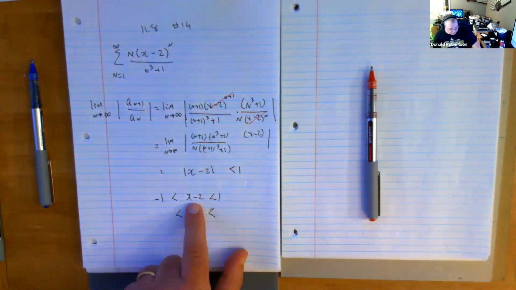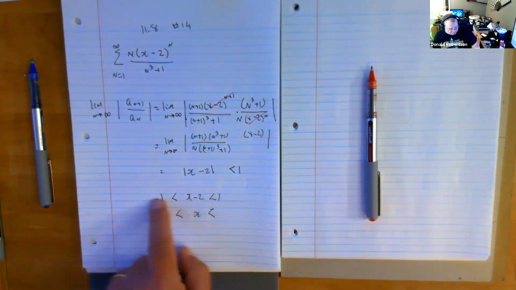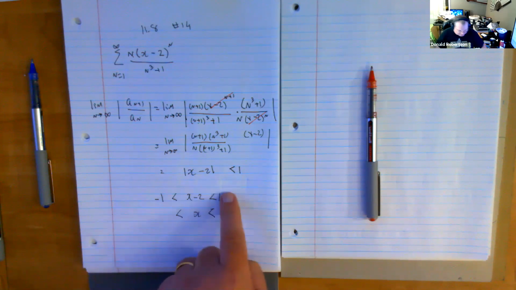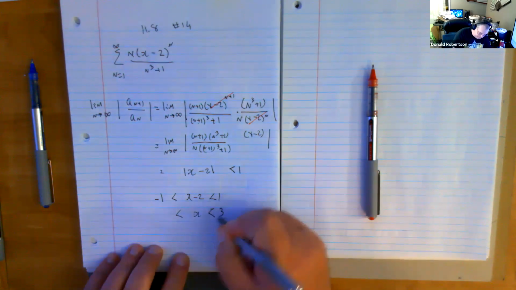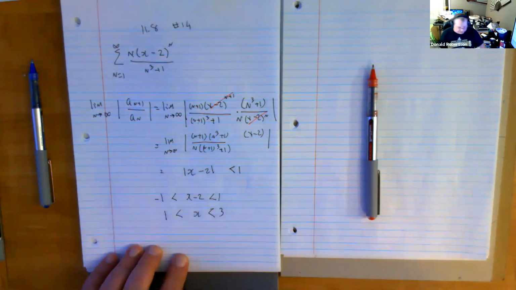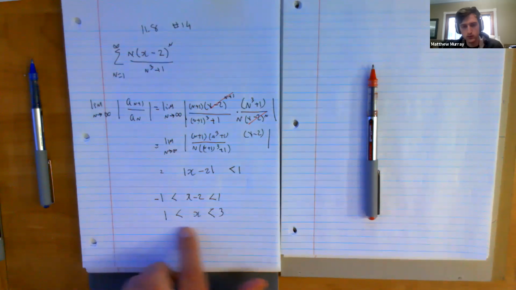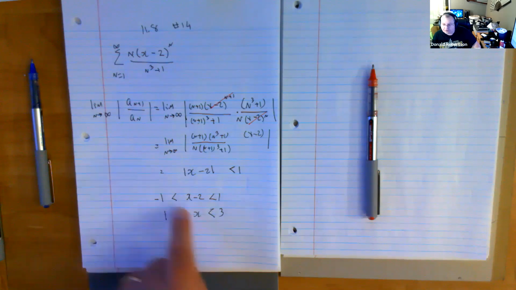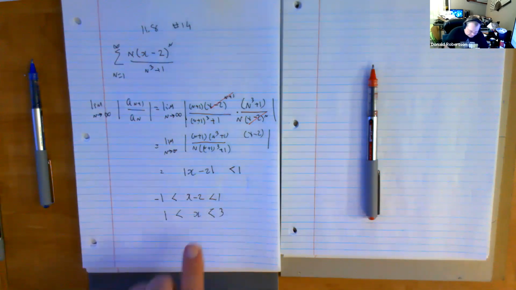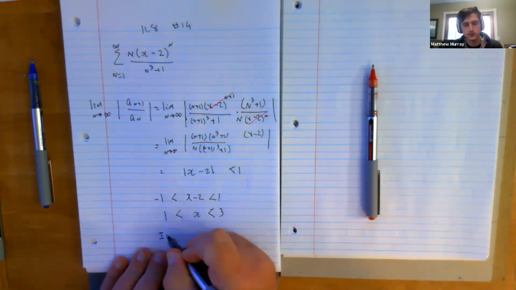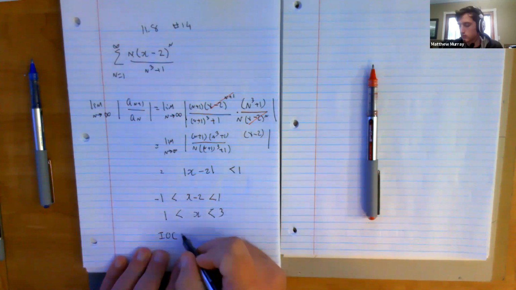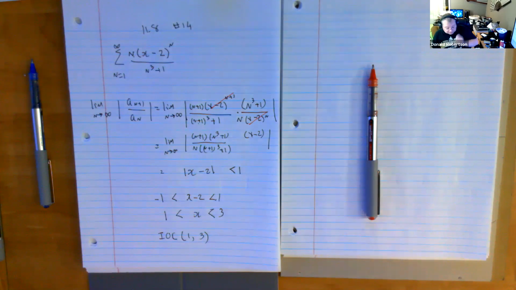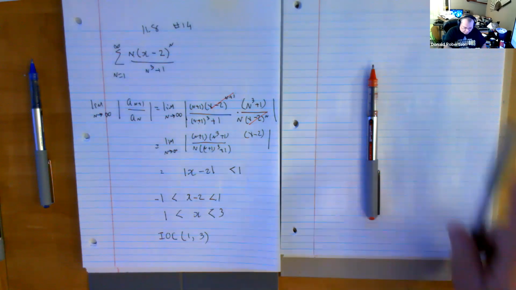And so what I'm going to do is take this multiple inequality and add 2 to all pieces. And it now becomes this guy. So if you add 2 to that, you add 2 at the middle, and you add 2 at the end, it now becomes that guy. That is now my interval of convergence. It's 1, 3, or at least it's the beginning of it. We still have some checking to do.